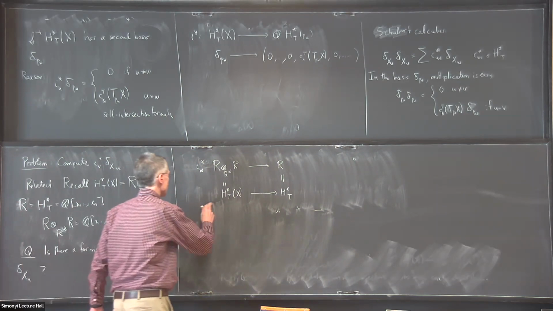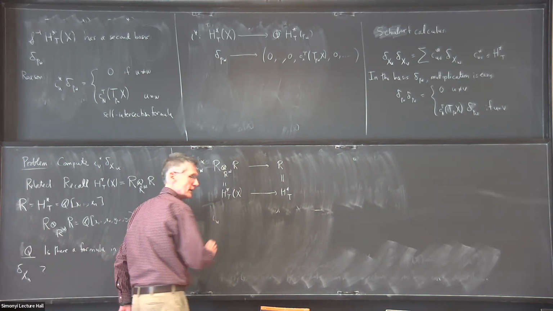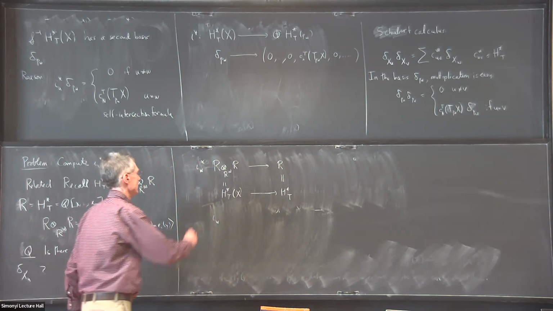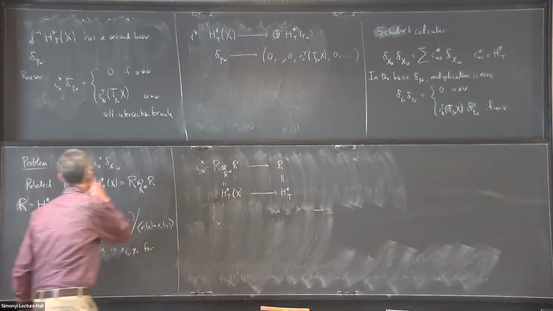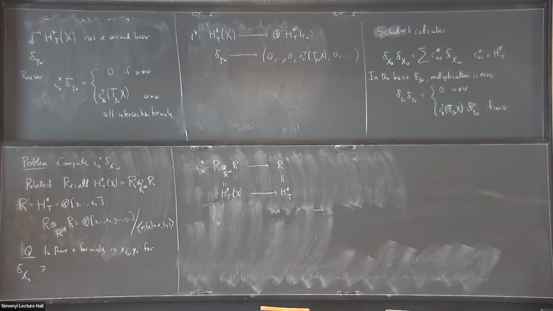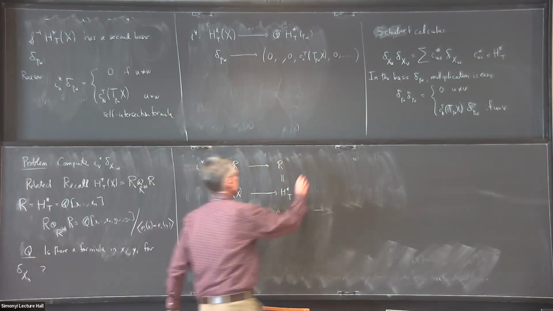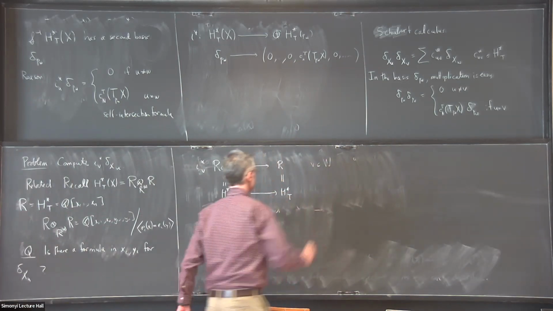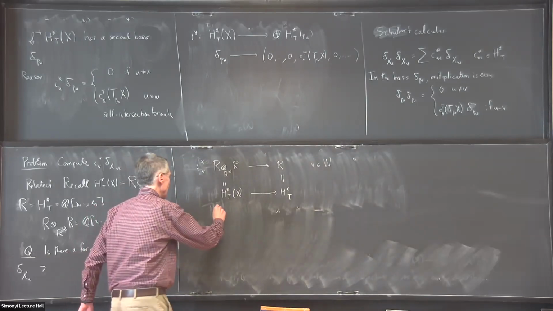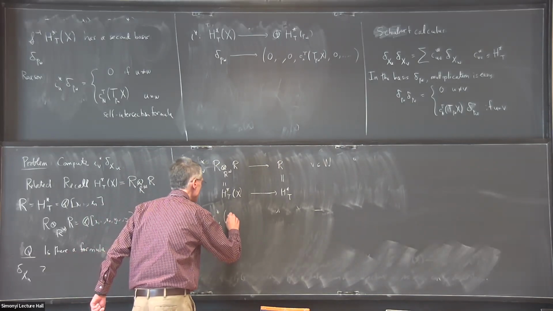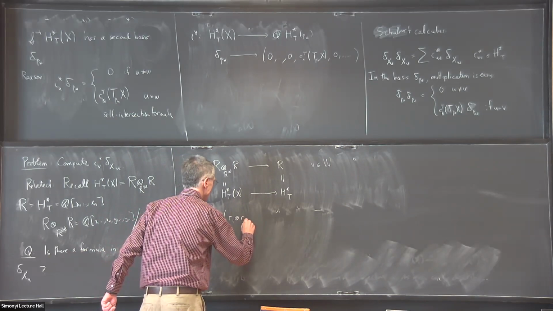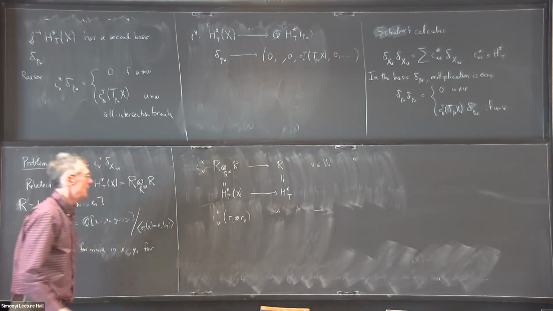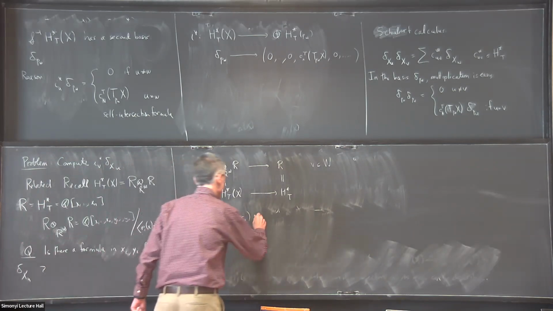Because i_v star, to be consistent, it should just be i_v star. V is just an element of W. So if I have it in terms of R1 tensor R2, R1 is to be thought of as in the X's and R2 is in the Y's. Well, what is this going to be?